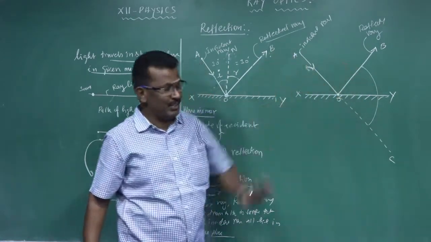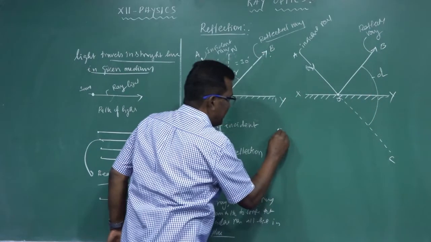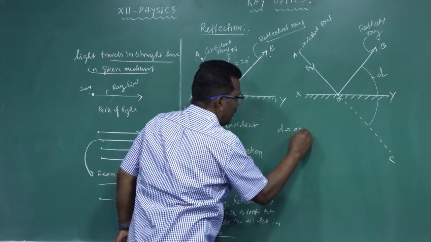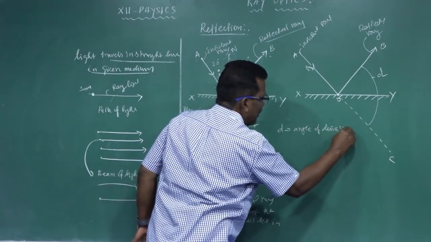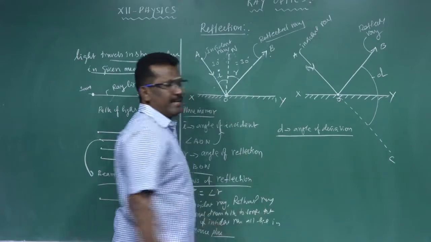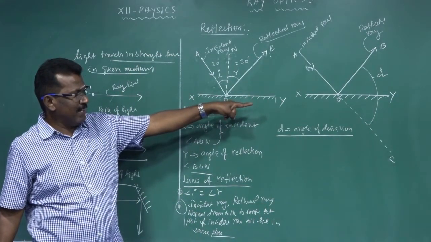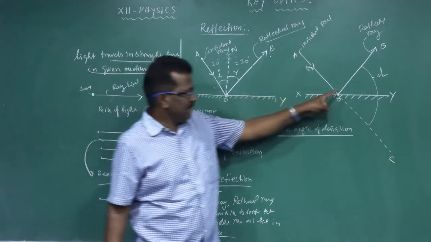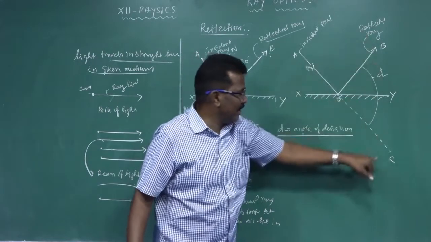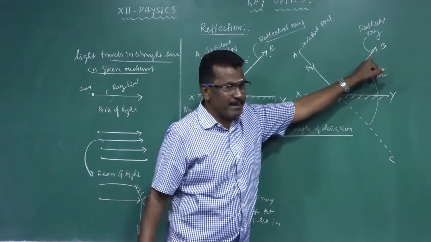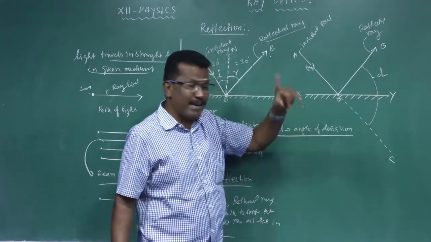This is called the angle of deviation, D. If the XY plane is not placed, the light travels in a straight line. Because XY is placed, the path changes from OC to OB. So from OC to OB, the change is D. D represents the angle of deviation.